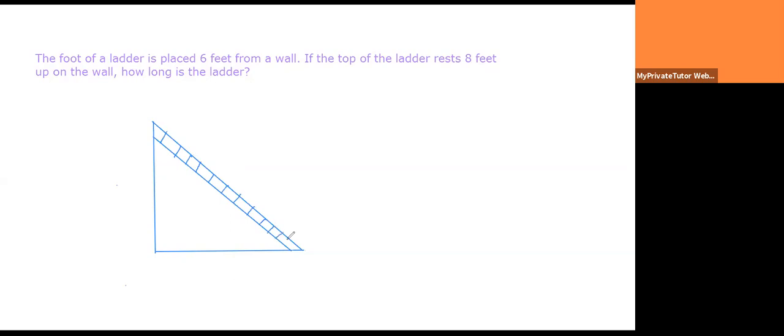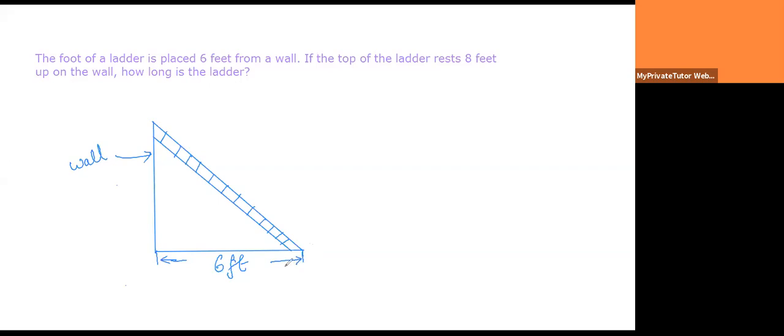So just assume this is a wall, and this is the distance from the wall to the base of the ladder. What is given? The foot of the ladder is placed 6 feet from the wall, the distance from the wall to the base of the ladder.